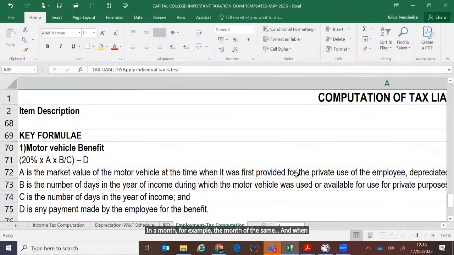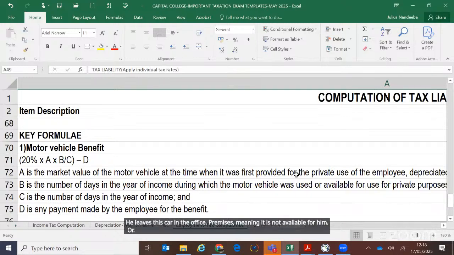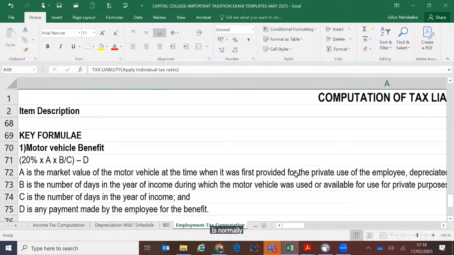And when he's going for leave, he leaves this car in the office premises, meaning it is not available for him. Or he says this motor vehicle is normally taken for repairs, say for example, one day every month, and it's not available to the employee when it is in the garage. He's always being specific for you to know when this motor vehicle is purely not available. And from the 365 days, you must remove the days when it is not available for use.